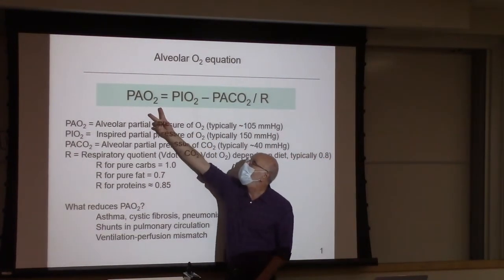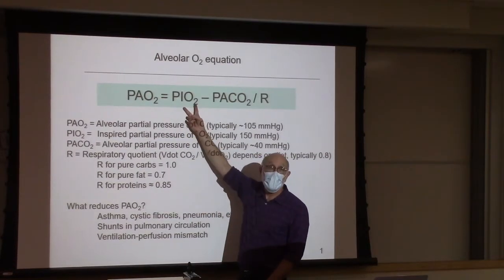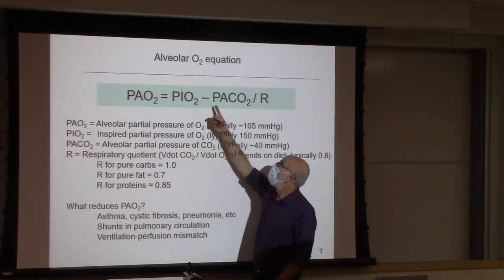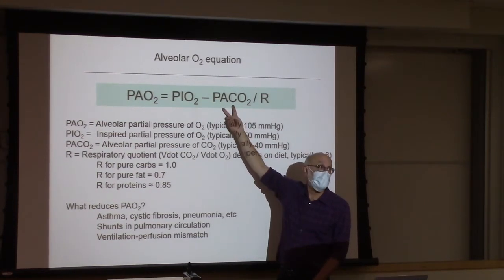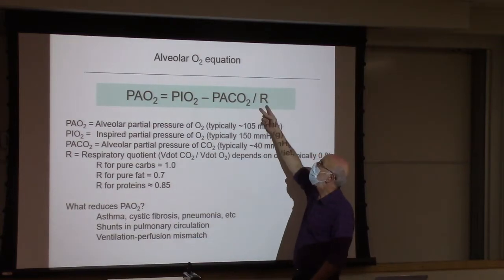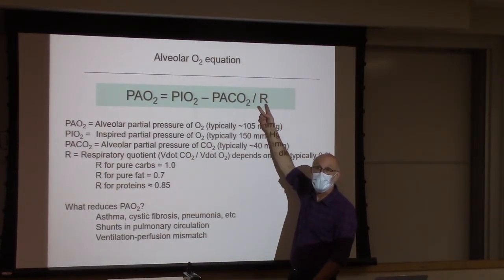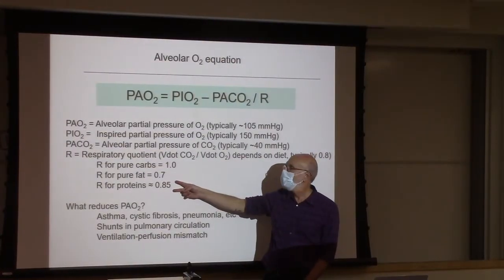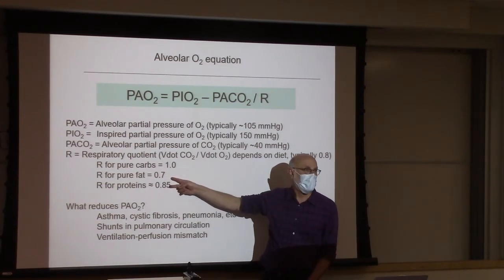So the alveolar oxygen partial pressure is the inspired partial pressure minus the partial pressure that's being taken up by CO2, because you're producing as much CO2 as you're consuming in oxygen. But if you have a mixed diet, which most of us do, it's somewhere less than 1.